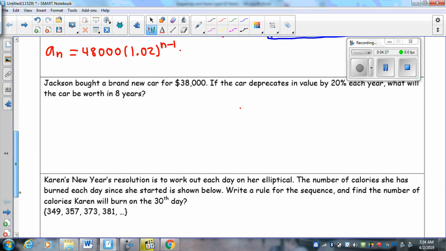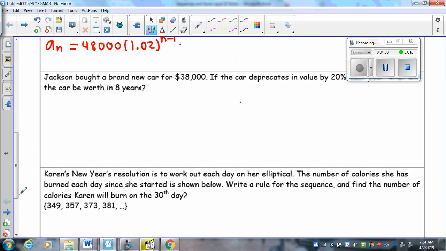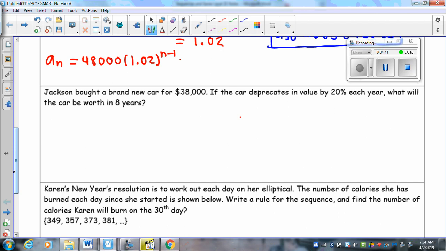Okay. Next question. Jackson bought a brand new car for $38,000. If the car depreciates in value by 20% each year, what will the car be worth in 8 years? When I look at this, we know A1 is 38,000. Okay, because it's depreciated in value by 20% each year, okay, that's multiplication.